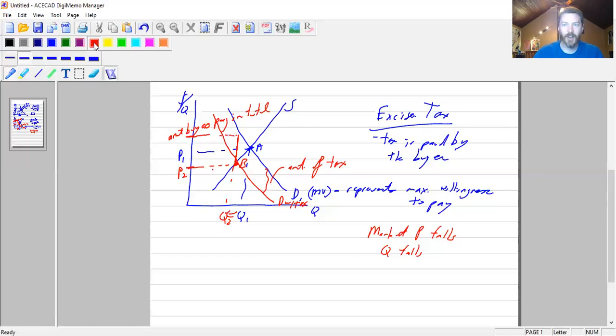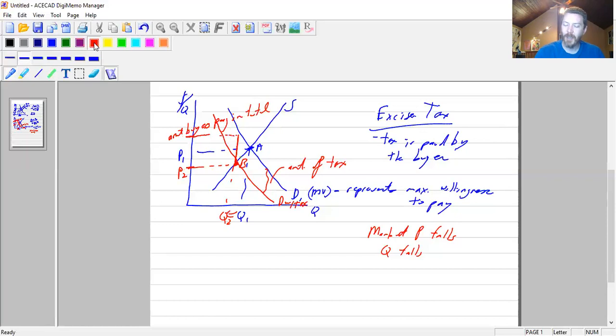And then the prices follow as well. The market price differs based on whether the tax is paid by the buyer or the seller. But when it all boils down, the amount that sellers keep and the amount that buyers pay in total is the same in either case.